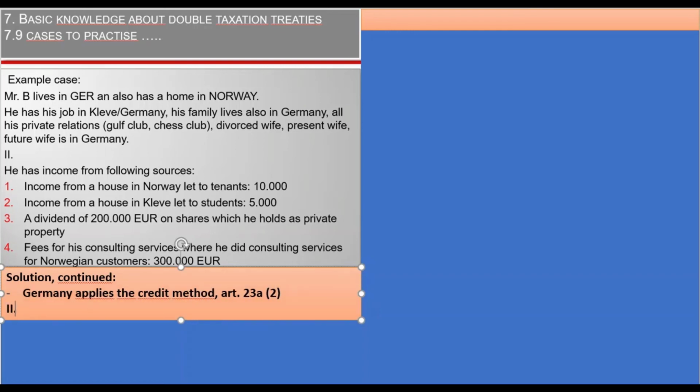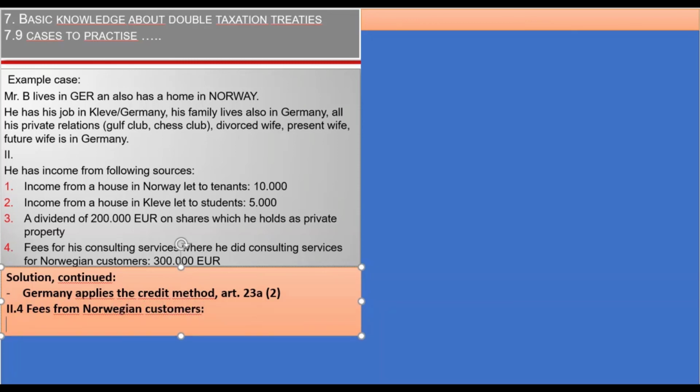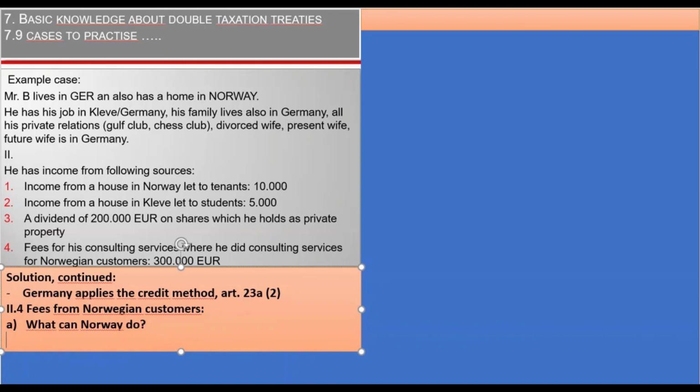Now we come to 2.4. Fees from Norwegian customers. What can Norway do? The source state. We have to look for a rule on business income. And naturally, we can expect there will be one in the double taxation treaty. So let's again have a look. And indeed, here it is.